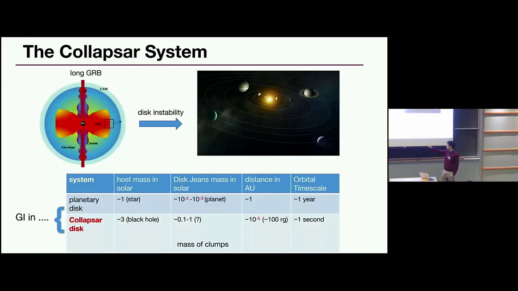The host mass is similar in order of magnitude, but once you form things out of disk instability, the mass of clumps will be on the order of the local Jeans mass. And the local Jeans mass for these collapsar disks is on the order of 0.1 to 1 solar masses. So the mass compared to the host is relatively more equal compared to gas giants in a planetary system.